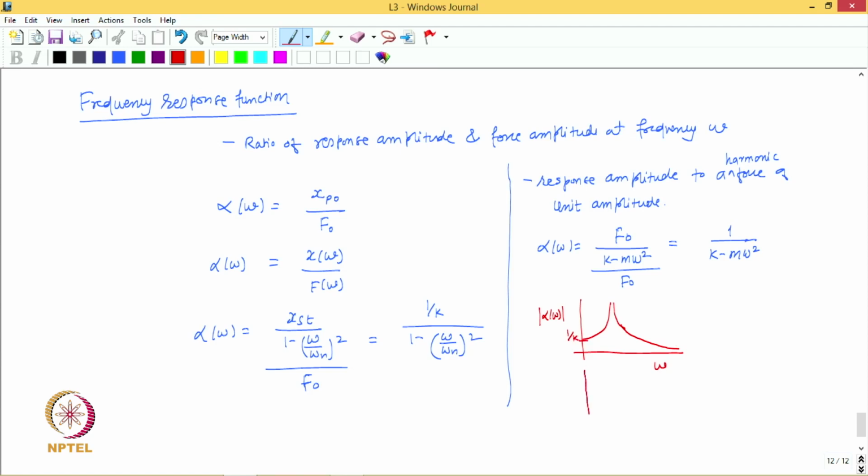I can also plot the phase of alpha omega as a function of omega. Of course, this is omega n here, and the phase is 0 degrees when omega is less than omega n, and it is 180 degrees when omega is more than omega n. So this is the frequency response function, magnitude and phase.